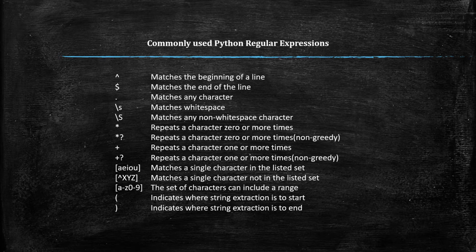This means it should include a set of characters, and the characters can be within this range. So it is not a single character, it's a set of characters. Similarly, parenthesis. When I start with left parenthesis, this indicates where I have to start the extraction of the string. And when I say right parenthesis, this indicates where I have to end the extraction of the string.